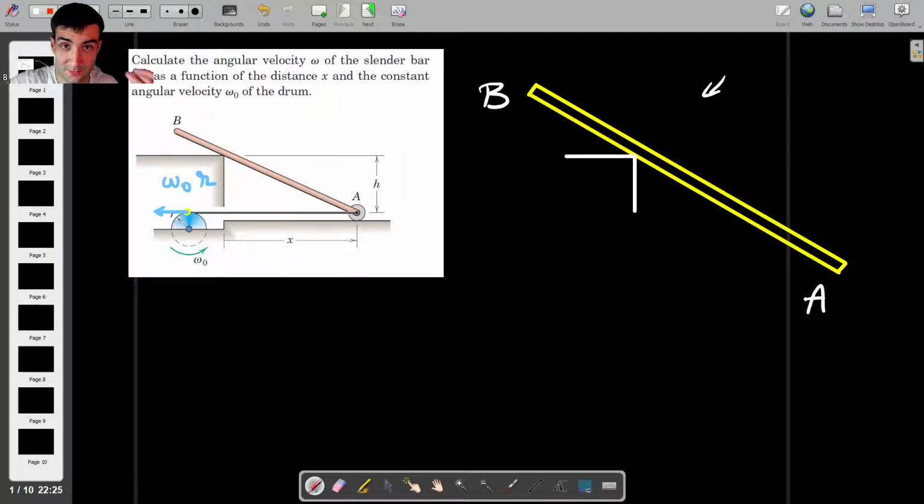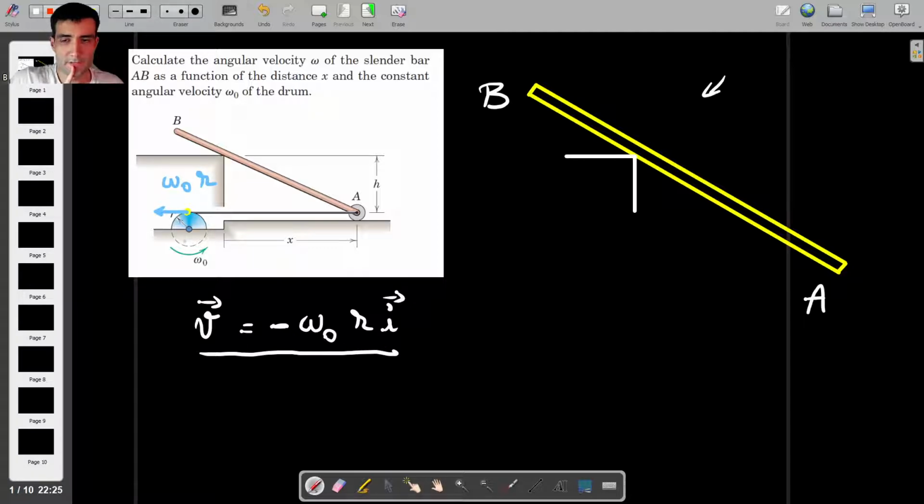Okay, so the speed is omega 0 r, but the velocity of that point is minus omega 0 r times i, right? Because i is the unit vector in the x direction, minus because it's going to the left, and that's the velocity.